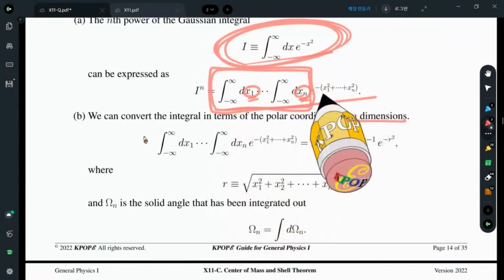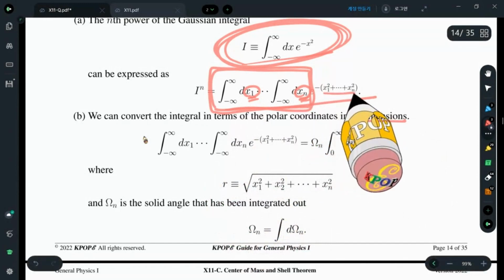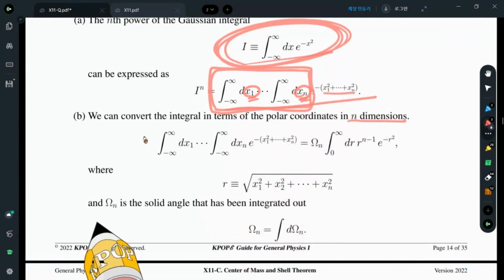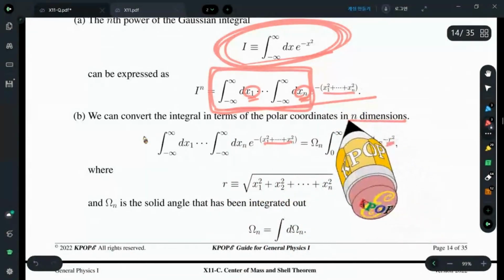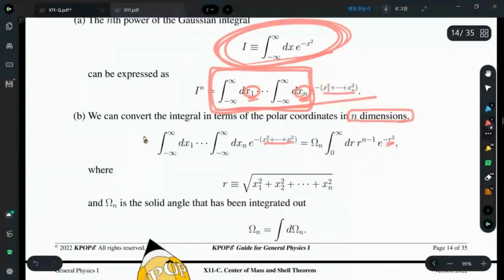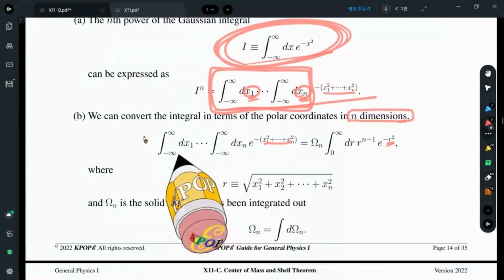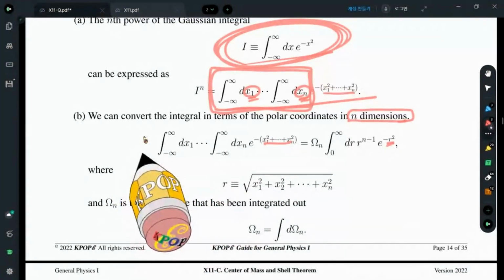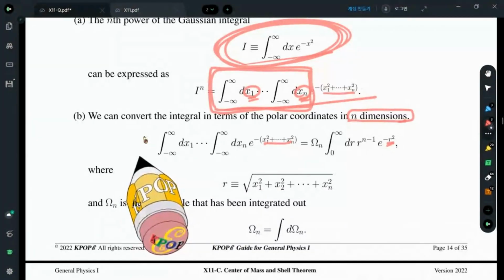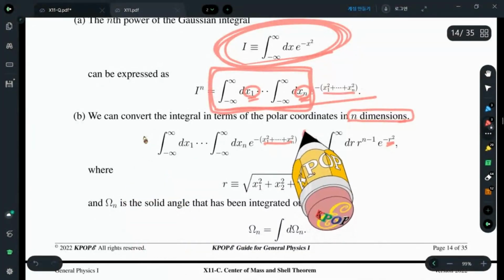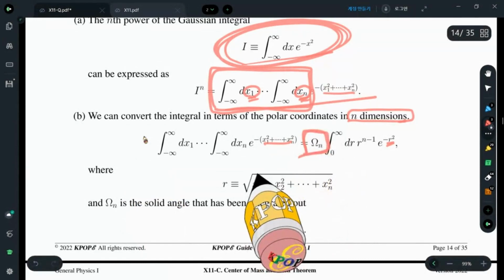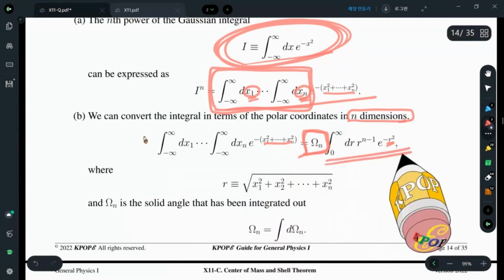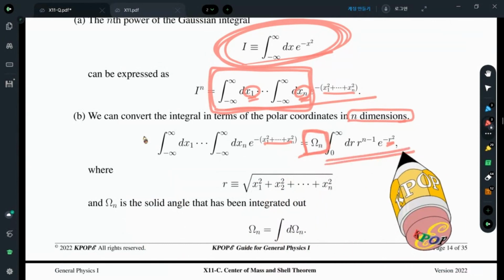However, in the n-dimensional Cartesian coordinates, we can always use a similar method to describe the polar coordinates. The sum of the Cartesian coordinates squared should be replaced with the radius in the n-dimensional Euclidean space. And I don't know right now how to evaluate the solid angle in n-dimensional Euclidean space. However, let's assume that we have integrated over the whole angular integral. Then the only remaining piece is the radial integral.